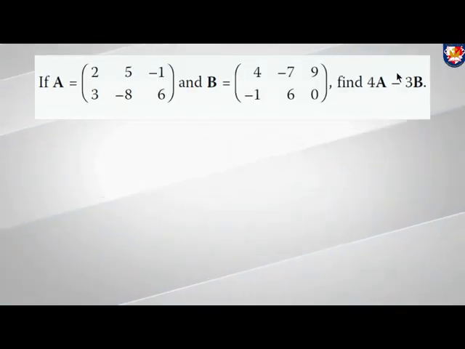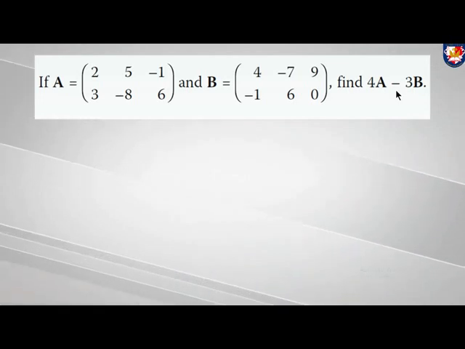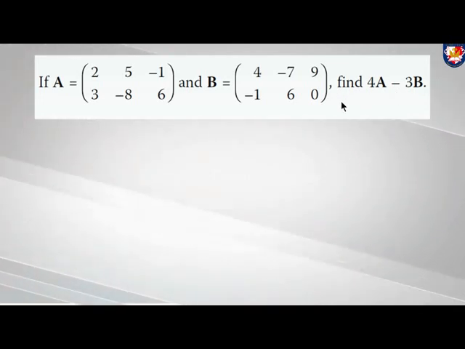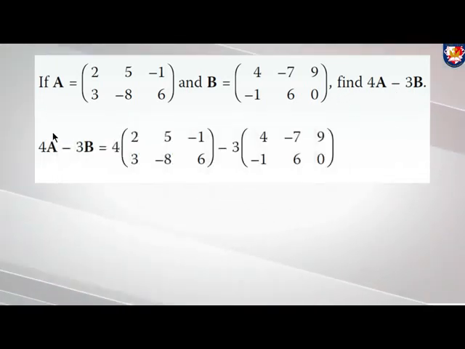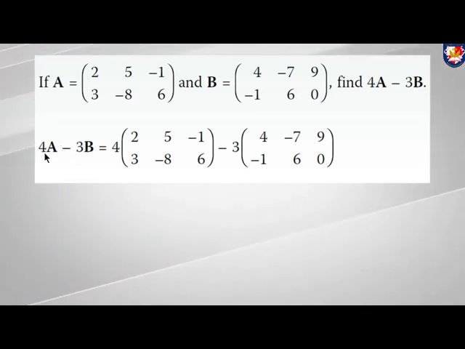How about multiplication of scalar mixed with subtraction? It is basically the same way as addition. You just need to deal with multiplication first. So you have to multiply 4 with A and 3 with B. It means you multiply 4 with every element in matrix A, and then 3 with every element in B, and then the product of this one you subtract from the product of this one.